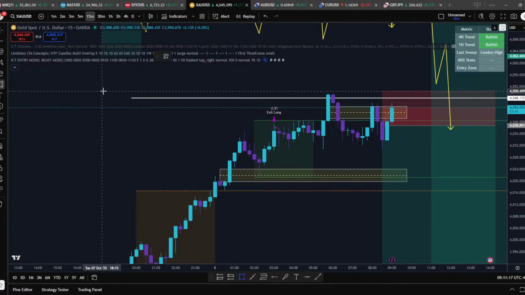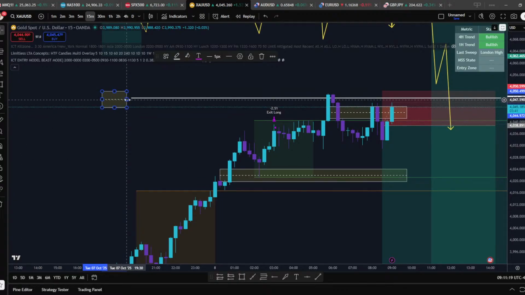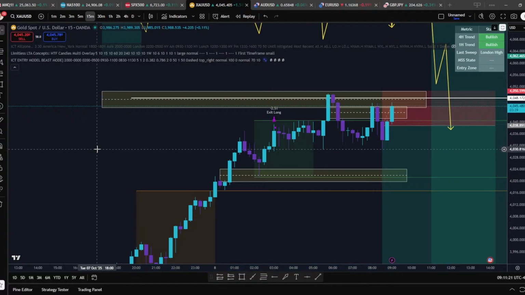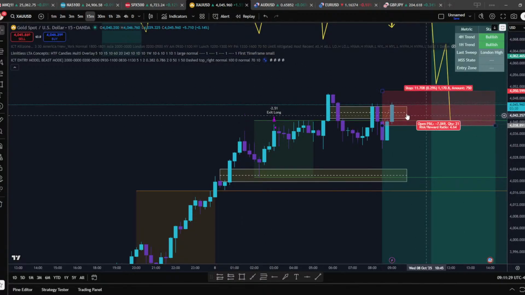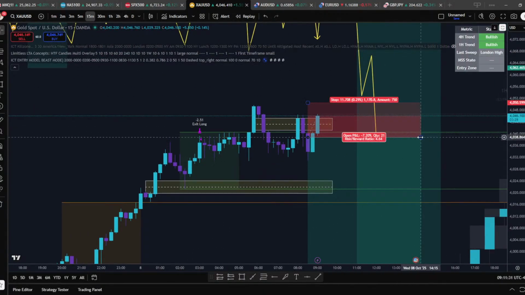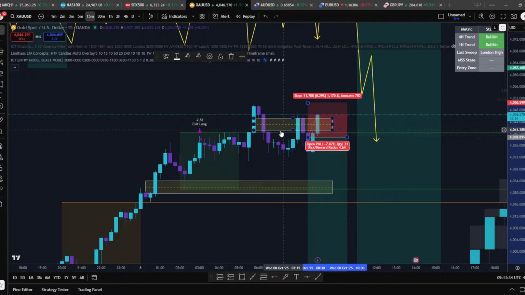Is there a fair value gap like this that it's respecting? No. Okay? So remember what I said when I drew up this trade. I said there's a few reasons why this trade, if it doesn't work, that is one of the reasons. Number one, what I just drew up there is one of the reasons.